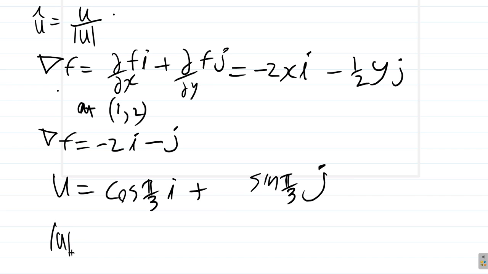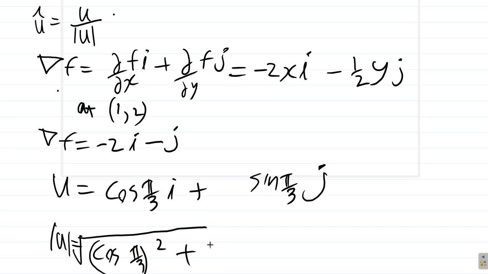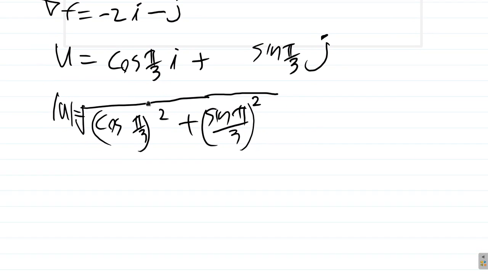Now the magnitude of u will be equal to the square root of cos(π/3) squared plus sin(π/3) squared. Like you're saying, this is a right angle, and this would be the magnitude of u, which you'll find by Pythagoras theorem.